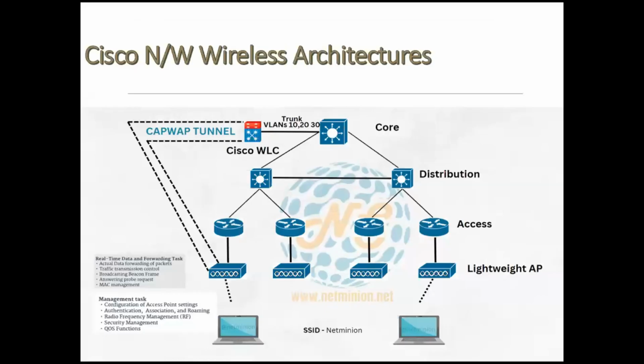Are you able to see my screen? Yes. So here on this screen you can see how typical wireless solutions look like. We have the core, the AP, the wireless controller, and we are showing the Cisco three-tier architecture.